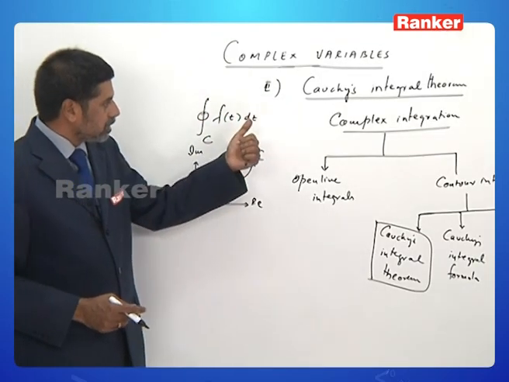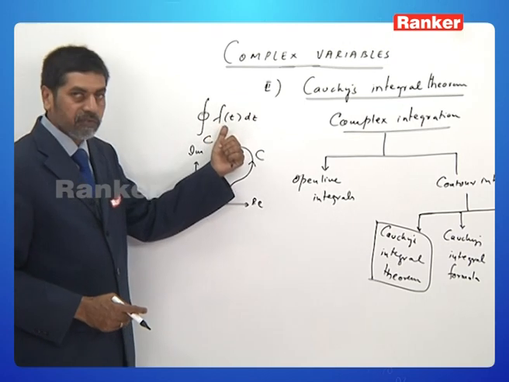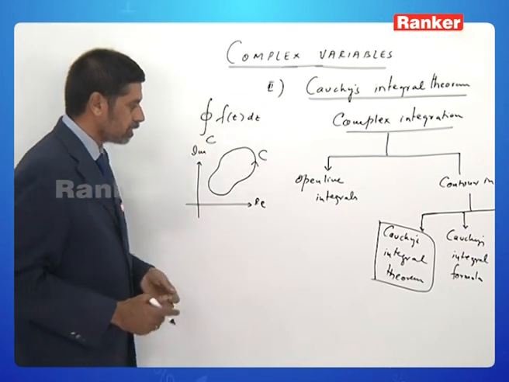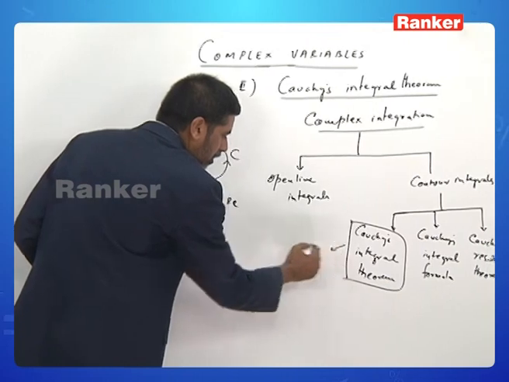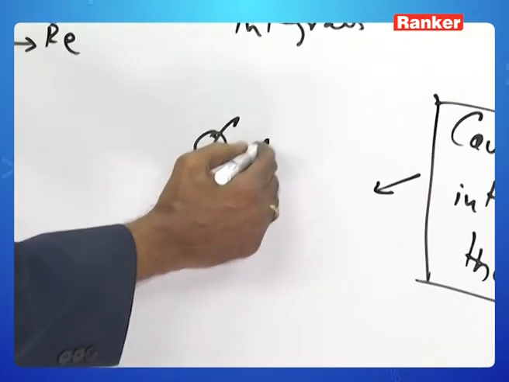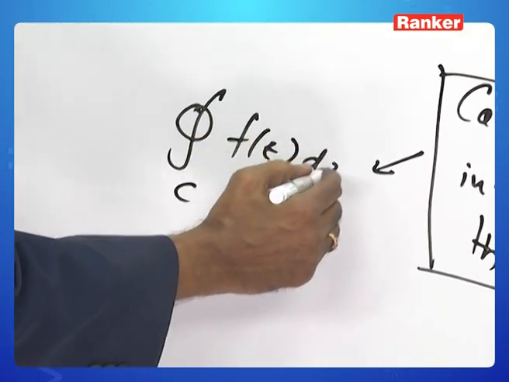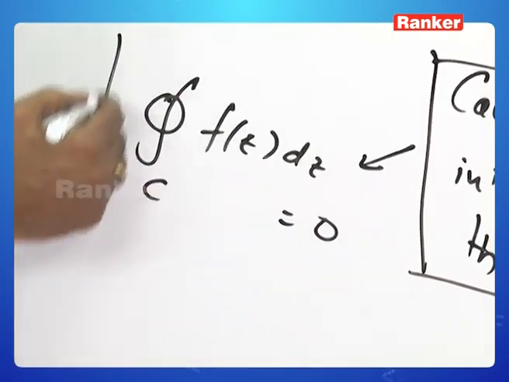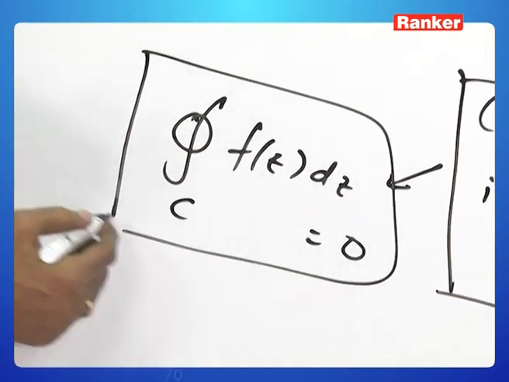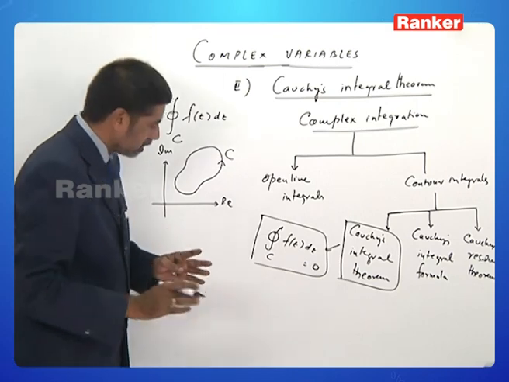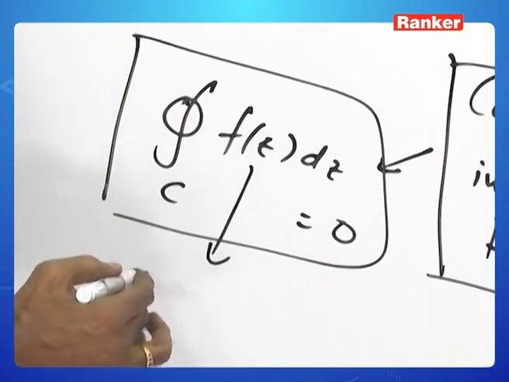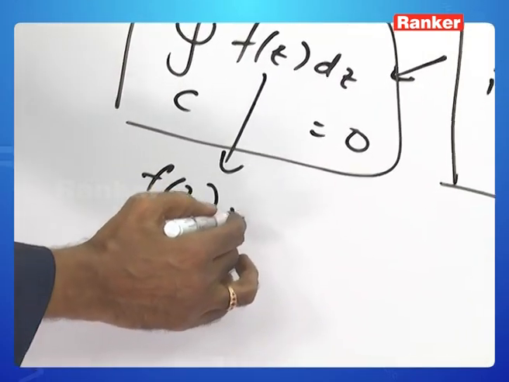In Cauchy's integral theorem, the output of integral f of z dz over C will be 0 provided a very strong condition is satisfied. That condition is when f of z is analytic.